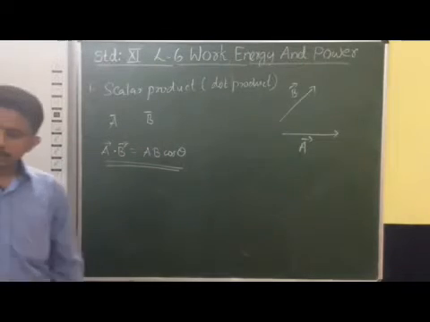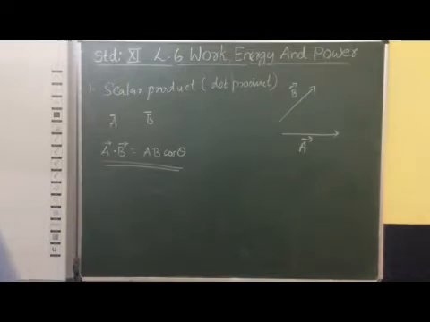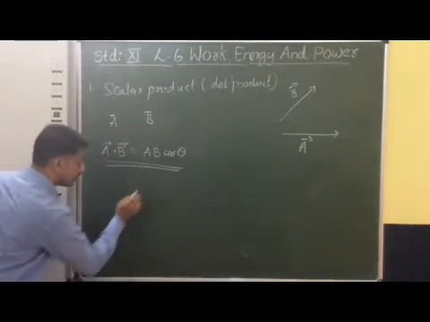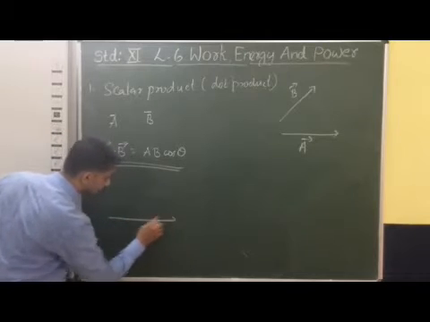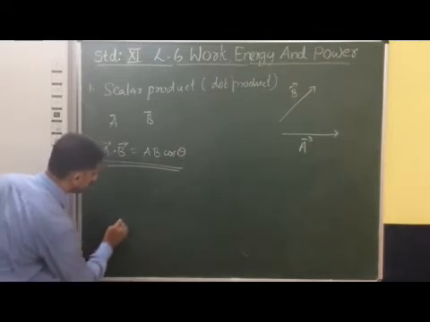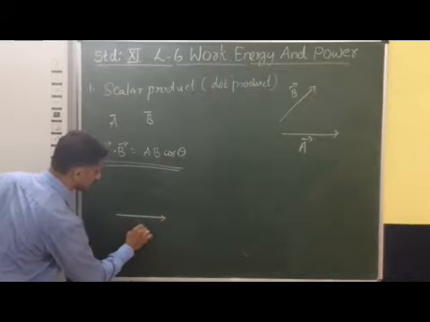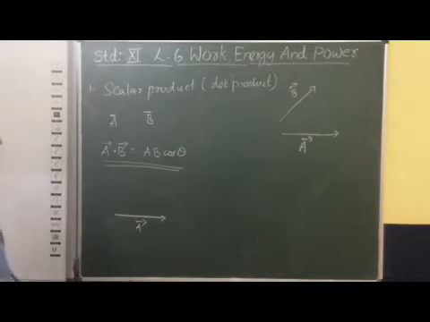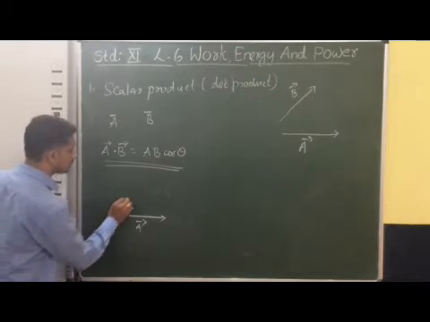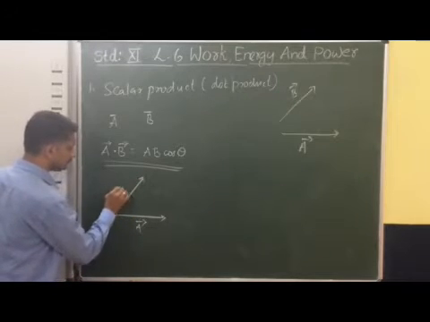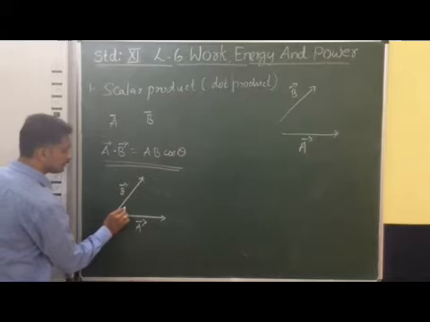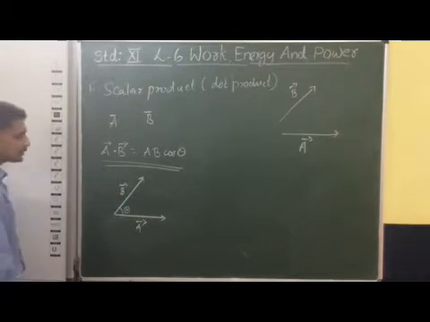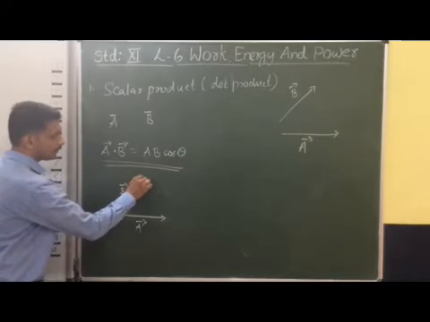When we are considering the scalar product of two vectors, we can also represent it graphically. I have shown that vector A is there, and vector B is along this direction, and this is theta.